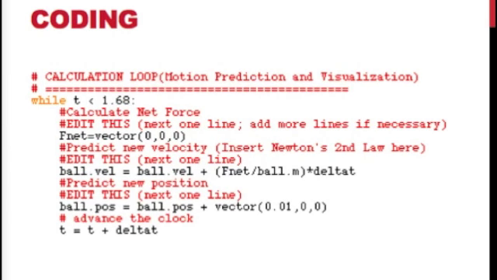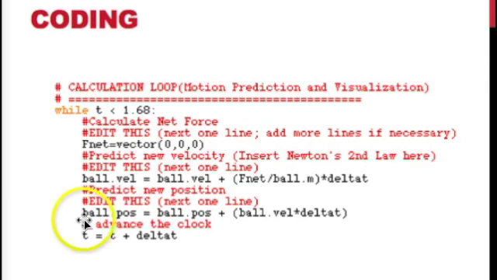I've inserted Newton's second law here to calculate the ball's velocity in each loop. So the f-net, which is 0, is in here with the ball's mass times delta t. Then for the ball's position at each time loop, we have inserted the same kind of equation, and then t is equal to t plus delta t.